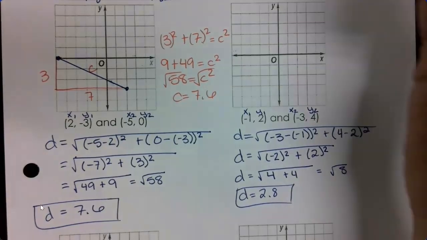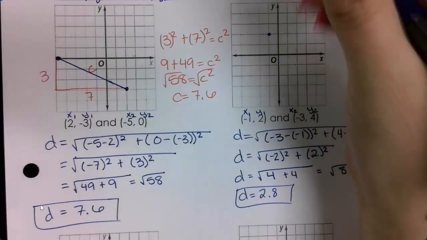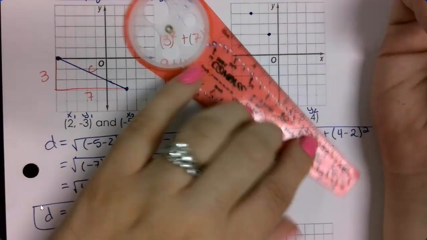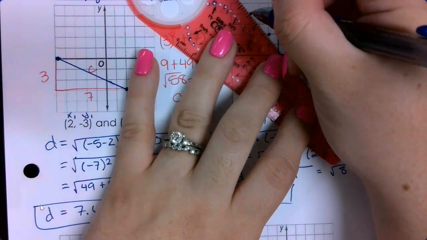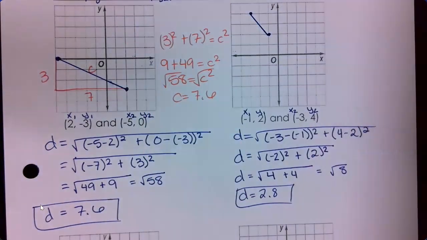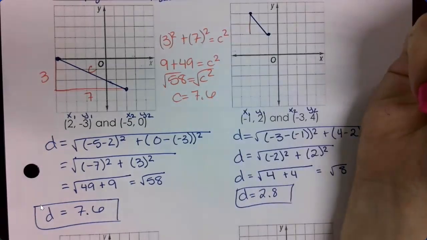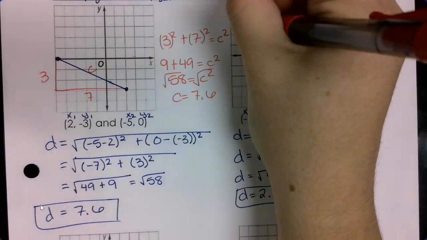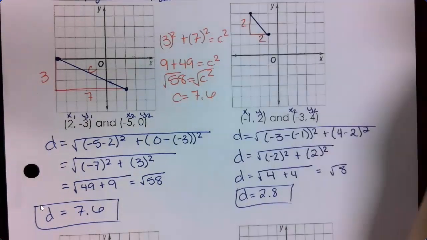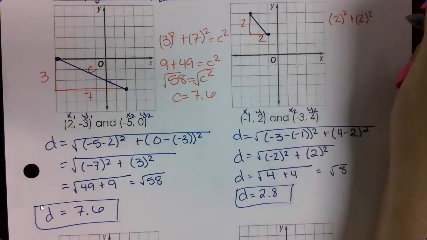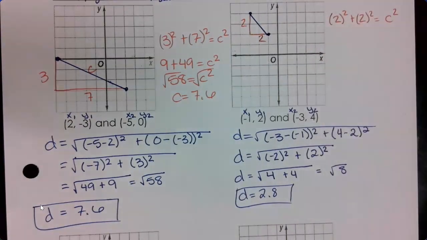Okay, so I want to go ahead and graph these. So how many squares am I going down this time? And how many am I going right? So on this one, I'm going to do 2 squared plus 2 squared equals c squared. And 2 squared is?